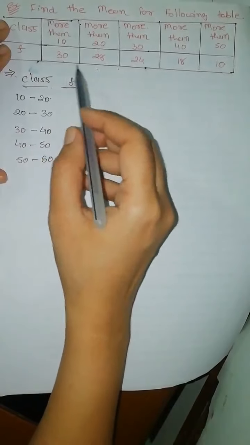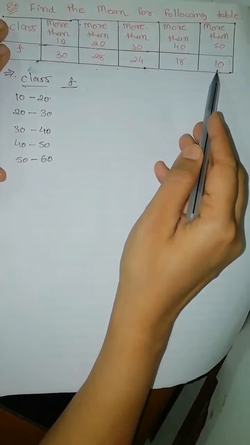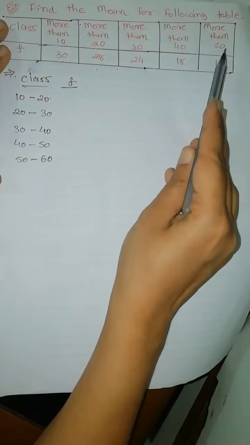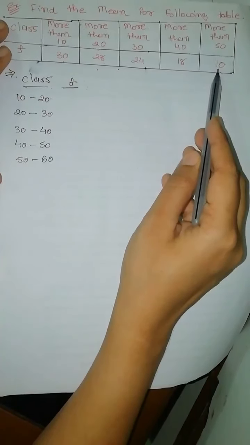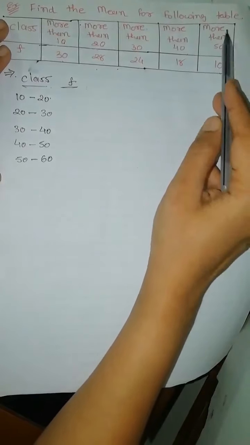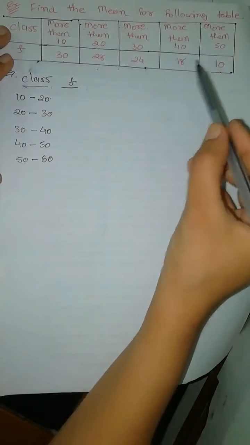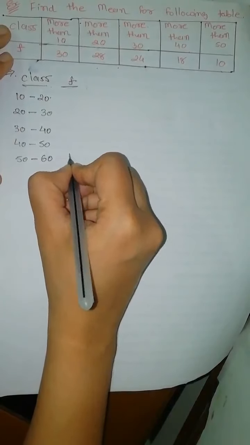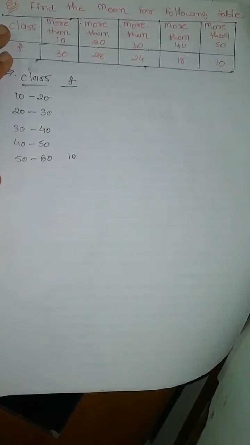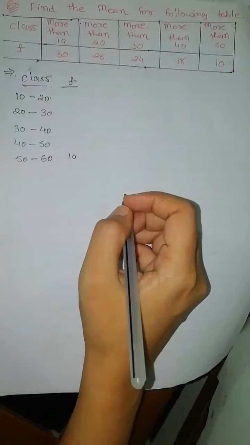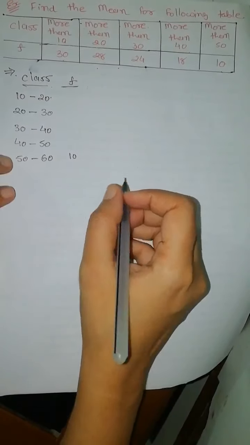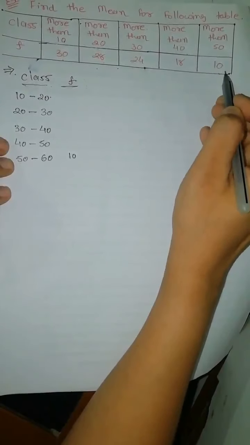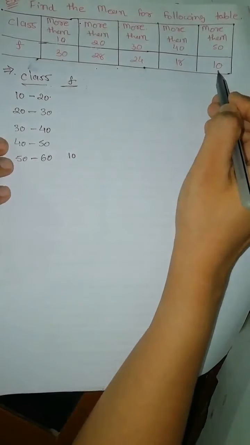According to that you have to change the frequency values, because the frequency of the last class is 10, which is more than 50. So I will write the last value first, because the values are given in descending order. So from last to first you have to arrange. The first value is the minimum compared to the other frequencies, which is 10.